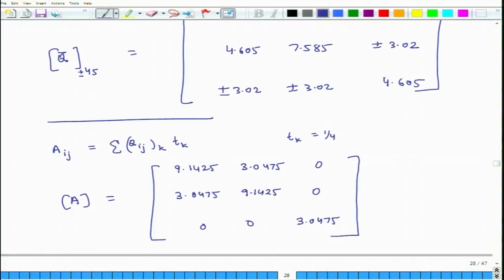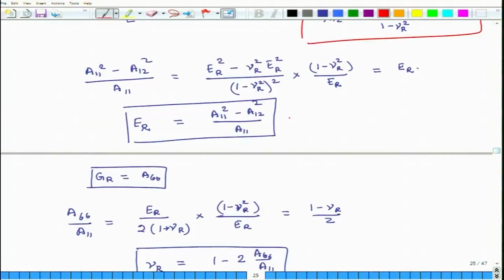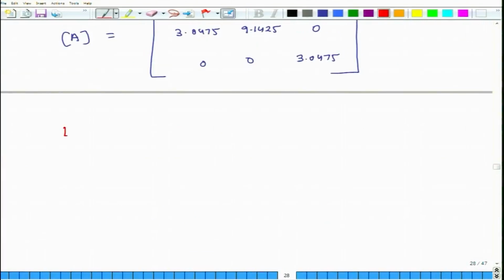So, I have found the A matrix for the quasi-isotropic laminate, and now using these three relations, I can calculate the Young's modulus, the shear modulus and the Poisson's ratio for the randomly oriented mat. I find that ER equals A11 square minus A12 square divided by A11, and I plug in all the numbers, I get 8.13 GPa.